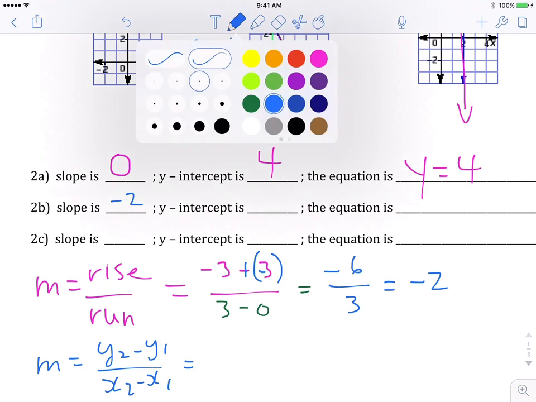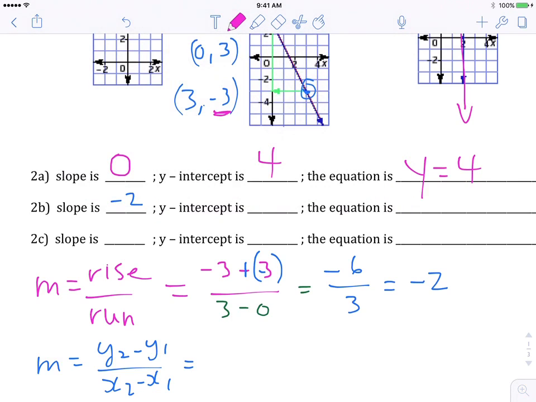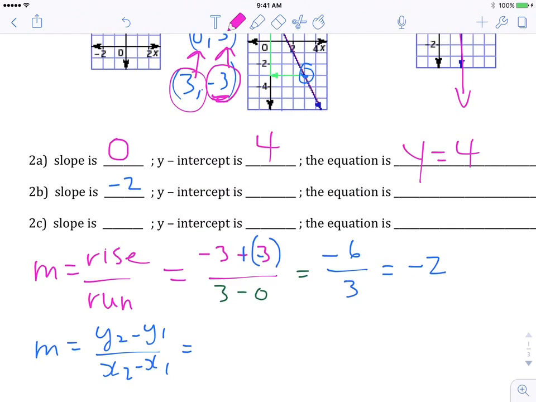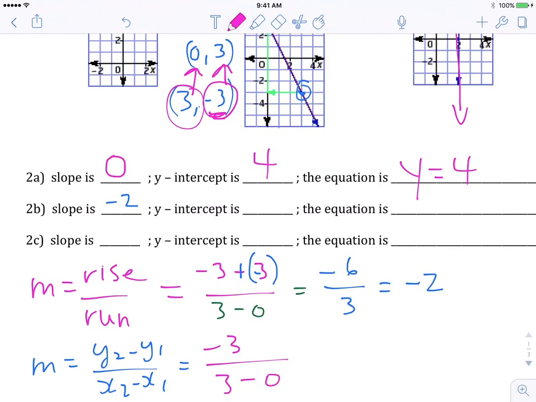In this case, I'll use this as my y2, subtract y1, and this will be x2 subtract x1. So the denominator is 3 minus 0, and the numerator we have negative 3 minus 3. And again, that's going to be negative 6 over 3, which is negative 2, and you'll get the same slope. Whatever strategy works for you is fair game.